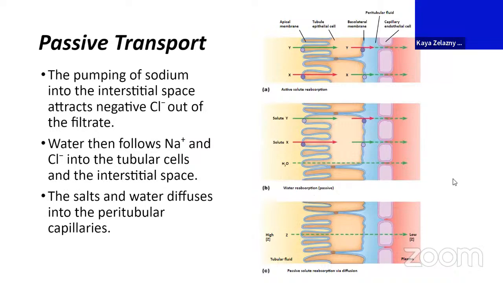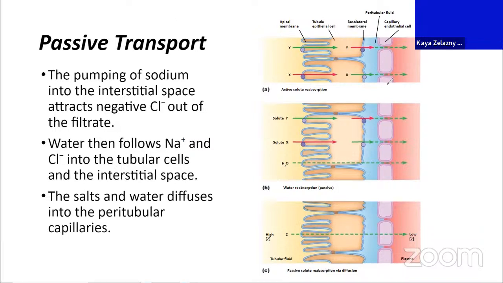Because we're pumping sodium all the way through into this peritubular space, we're having relatively high sodium here in the peritubular space. High sodium here. We had low sodium here.